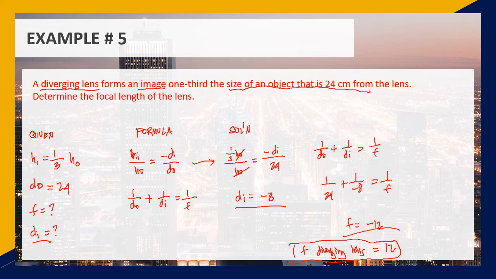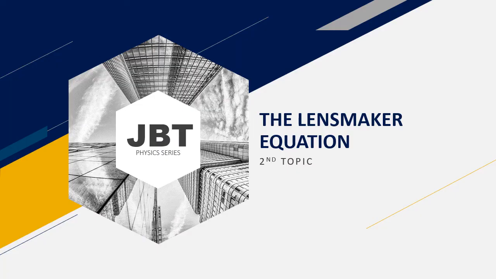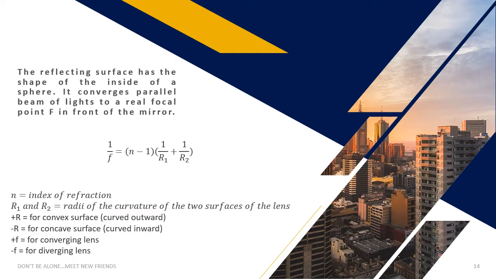Okay, so another topic, which is the Lensmaker equation. The reflecting surface has the shape of the inside of the sphere. It converges a parallel beam of light to a real focal point F in front of the mirror. The Lensmaker equation formula is 1 over f is equal to n minus 1 times the quantity of 1 over r1 plus 1 over r2.